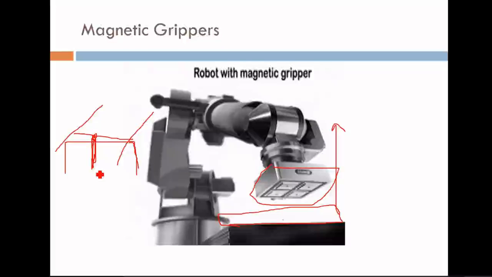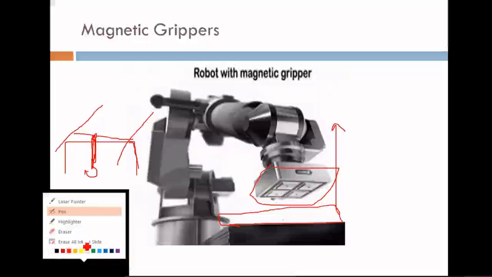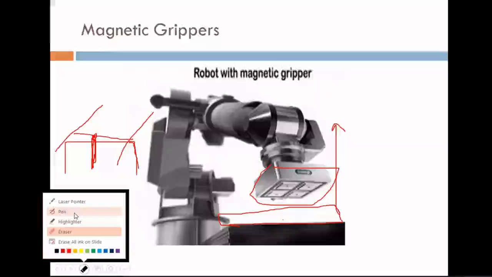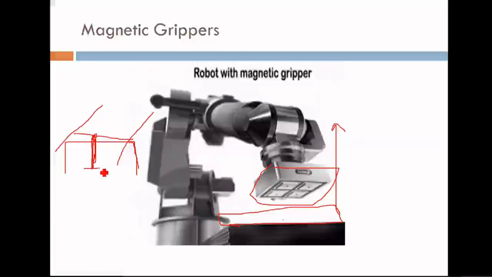In some industries, some work carries a load with a hook. And in some industries, small parts are not carried by a hook, so it contains a magnetic part like this.